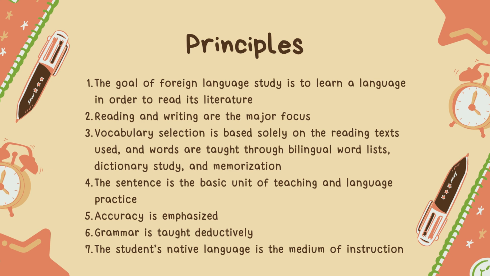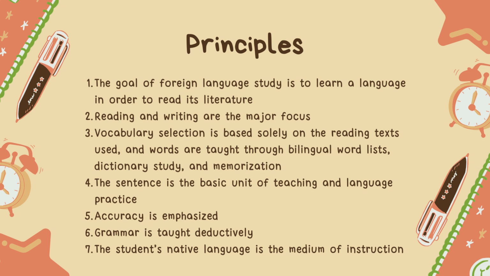Grammar translation is a way of studying a language that approaches the language first through detailed analysis of its grammar rules, followed by application of this knowledge to the task of translating sentences and text into and out of the target language. The second, reading and writing are the major focus.